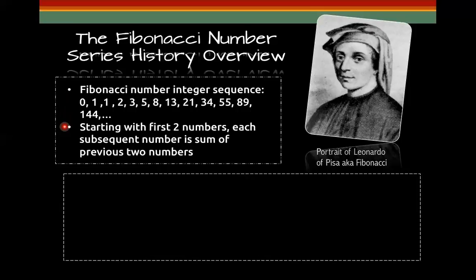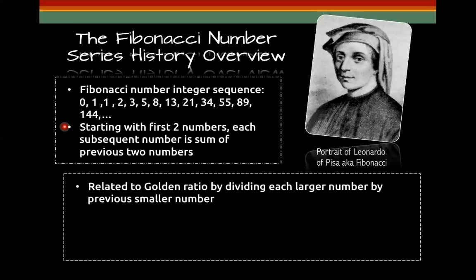It's pretty awesome. Starting with the first two numbers, as we stated earlier, each subsequent number is the sum of the previous two numbers. It is related to the golden ratio by dividing each larger number by the previous smaller number.